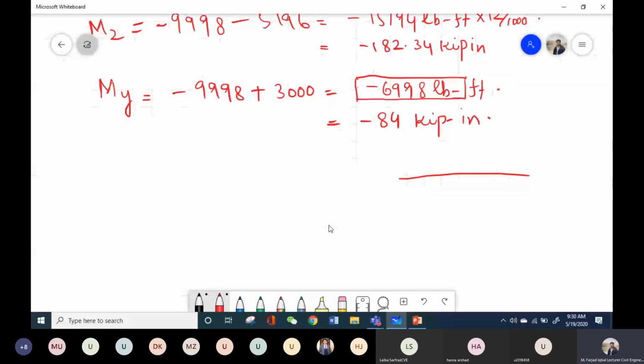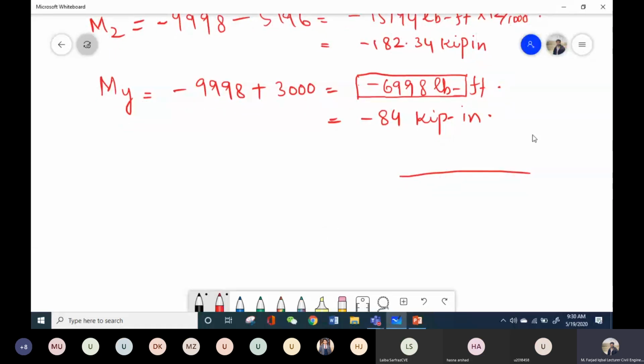Okay. So now we have these movements, and if I show these on this I section, let's say this is my I section on which I have to show my final answers.